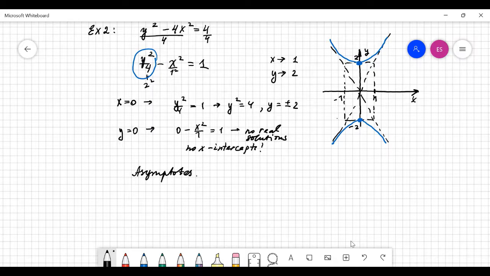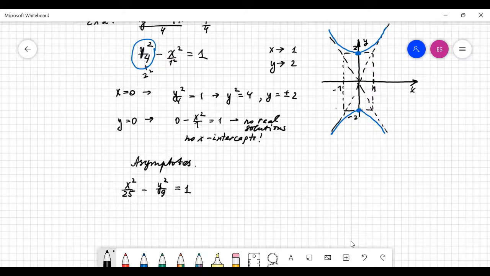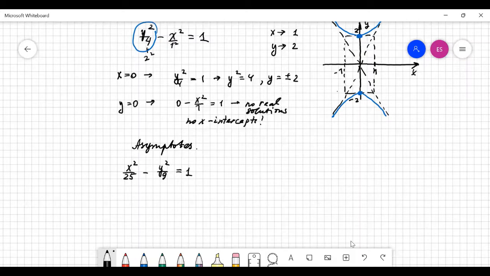I'm going to consider a regular hyperbola equation and discuss what happens to this equation, and why we have these asymptotes. Imagine that we have x squared over 25 minus y squared over, let's say, 9 equals 1, a typical hyperbola, right? Now, if I solve this equation for y, what am I going to have?